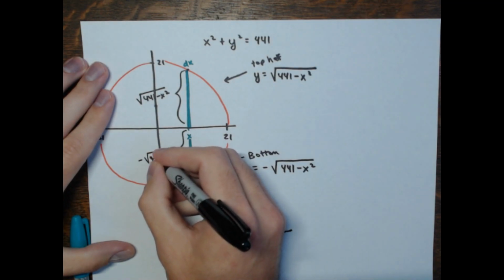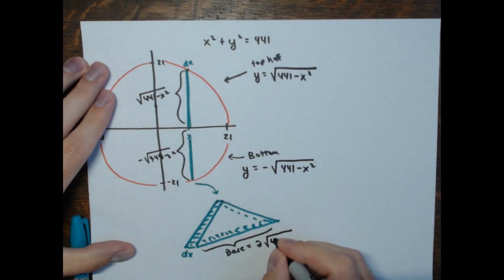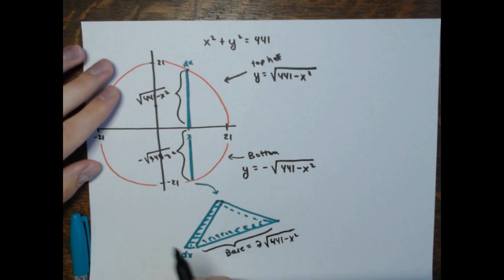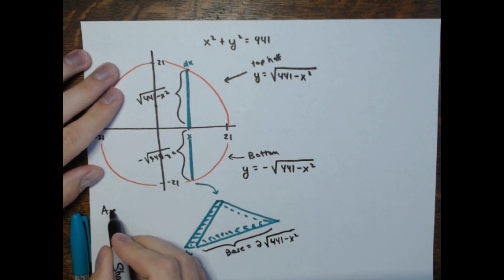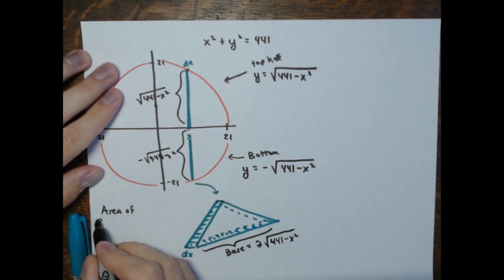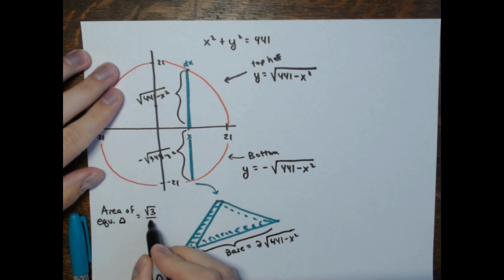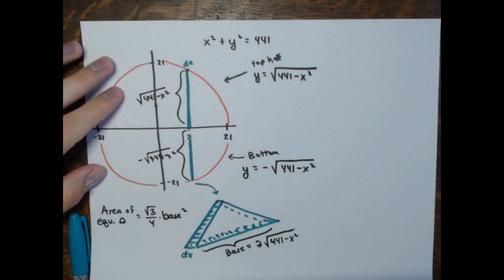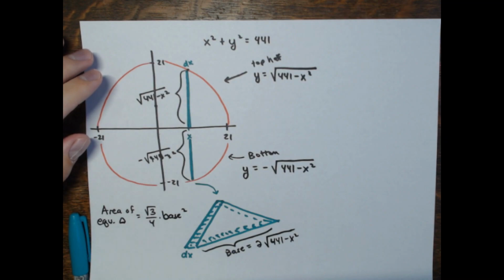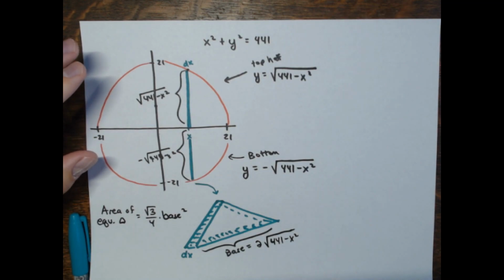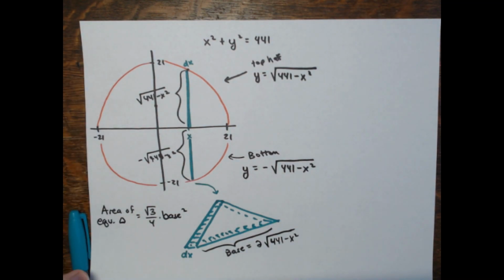I wrote 144 there, sorry. And recall that the area of an equilateral triangle was the square root of 3 divided by 4 times the base squared. I saw that in a previous example.